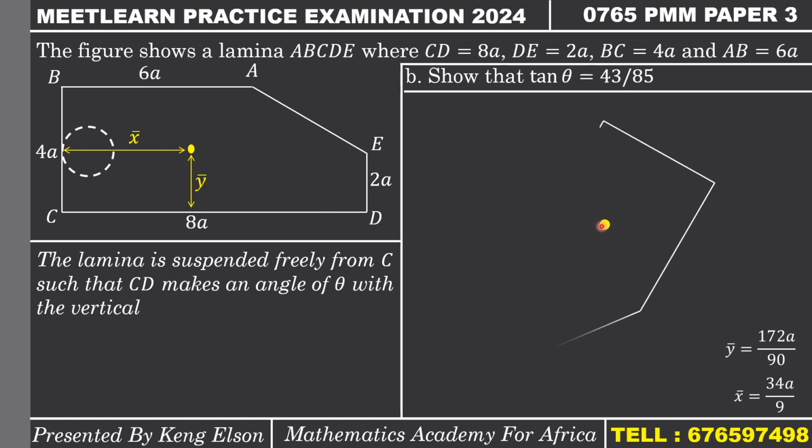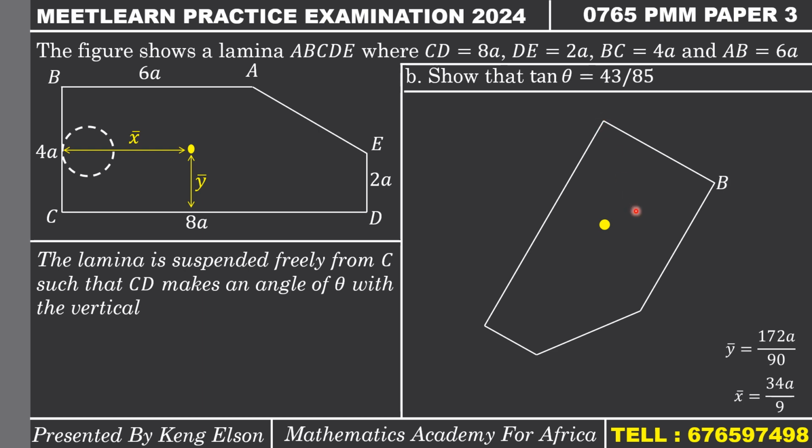So there is a suspension at the point C. So it hangs like this. This is the center of mass of the whole system. Now you need to note that for the lamina to be in equilibrium after suspension, then the line that is joining the center of mass of the lamina to the point of suspension is supposed to be purely vertical.